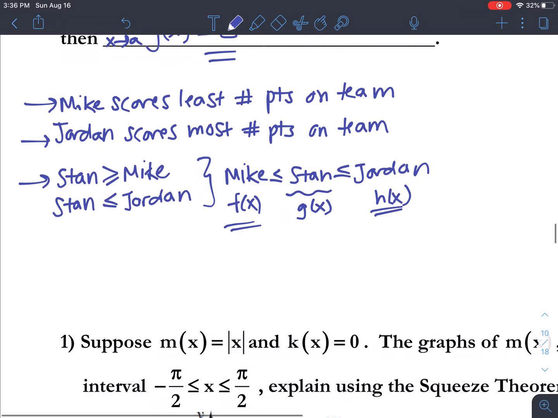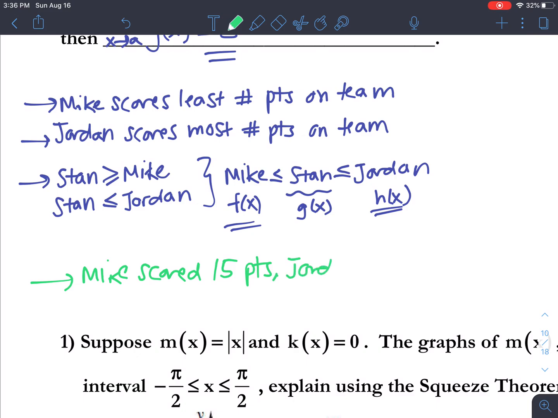So let's say we have a game, the first game of the season. Mike scored 15 points. Remember, he scores the least. Jordan, he actually scored 15 points. I want to clarify here, when I said less than and greater than, I should have said equal to.